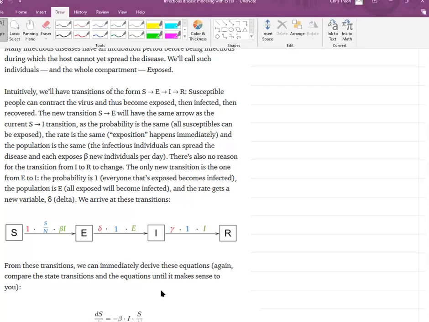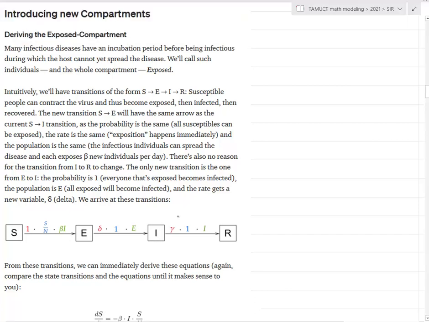The important thing about the I component is that someone in the I component can infect somebody else. So this really means infectious. I shouldn't say infectable. This means infectious. All right. So this is someone who can produce an infection in someone else.